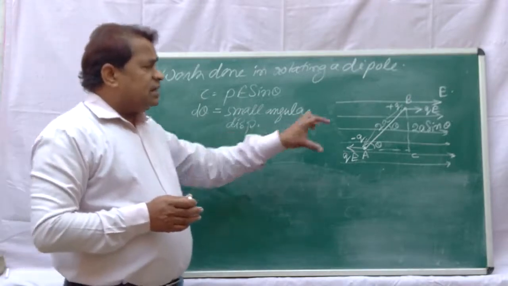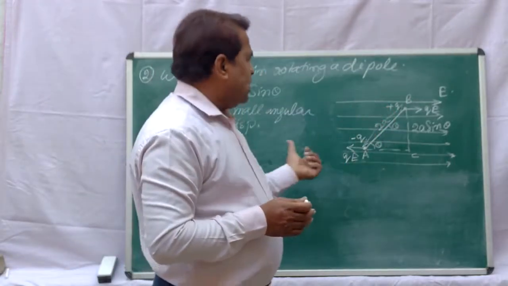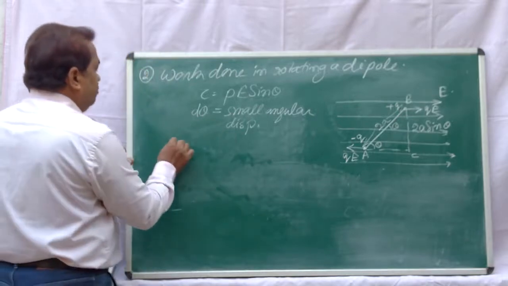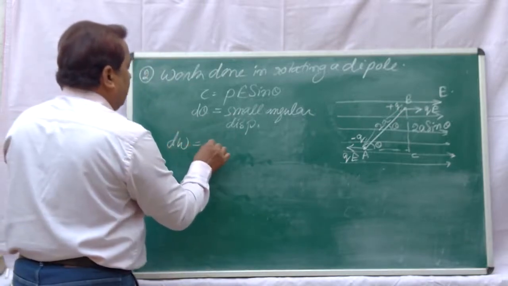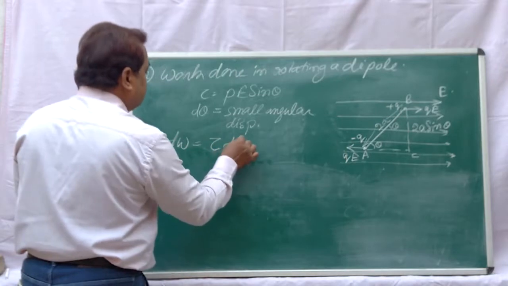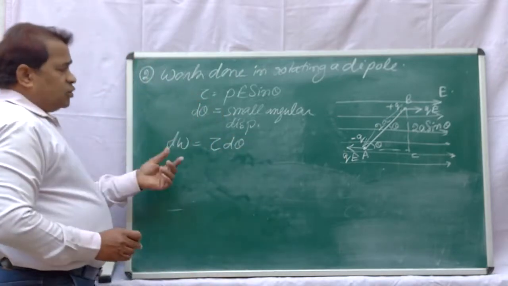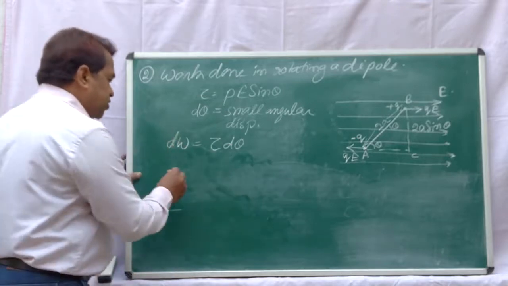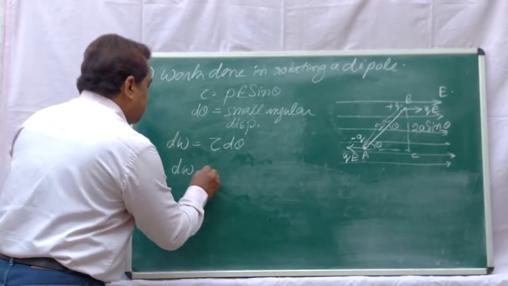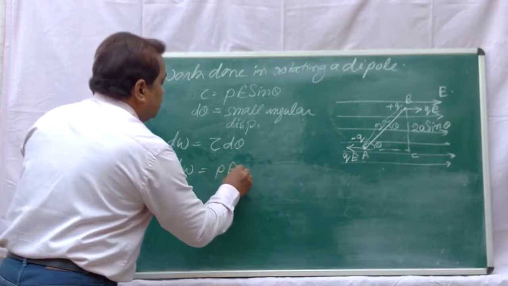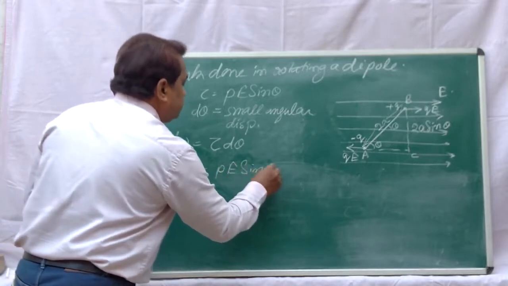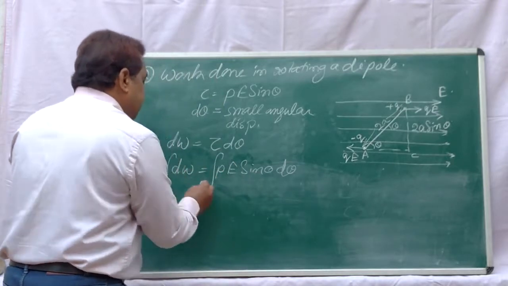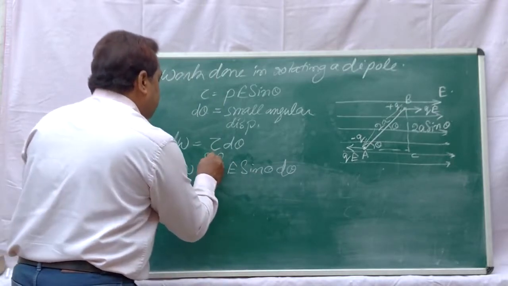So in this case, if we rotate the dipole by a small angle d theta, then the small work done dW will be torque into d theta. Putting the value of torque, dW is equal to pE sine theta d theta, and we will integrate it from theta 1 to theta 2.